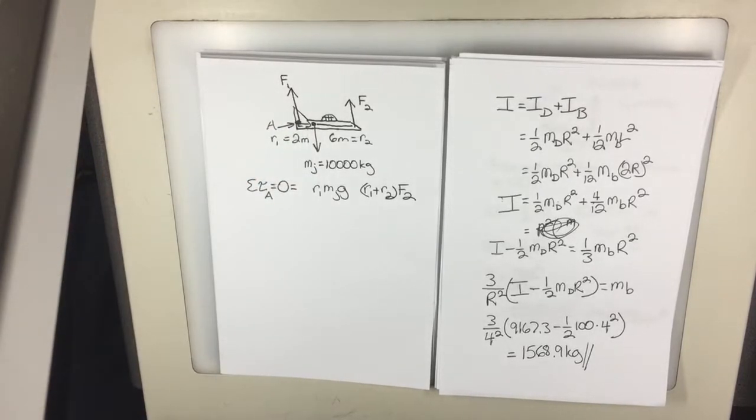In both cases, the mass of the jet and F2 are to the right of our point A. So for MJ, it's to the right and down, thumb into the board, so negative. F2 is to the right and up, thumb points out and is positive. So it's negative, positive for the signs.